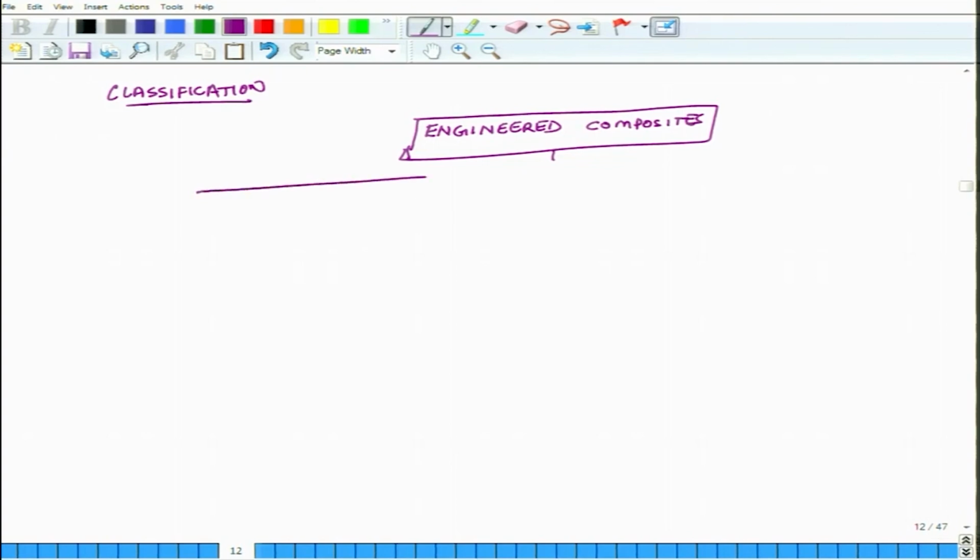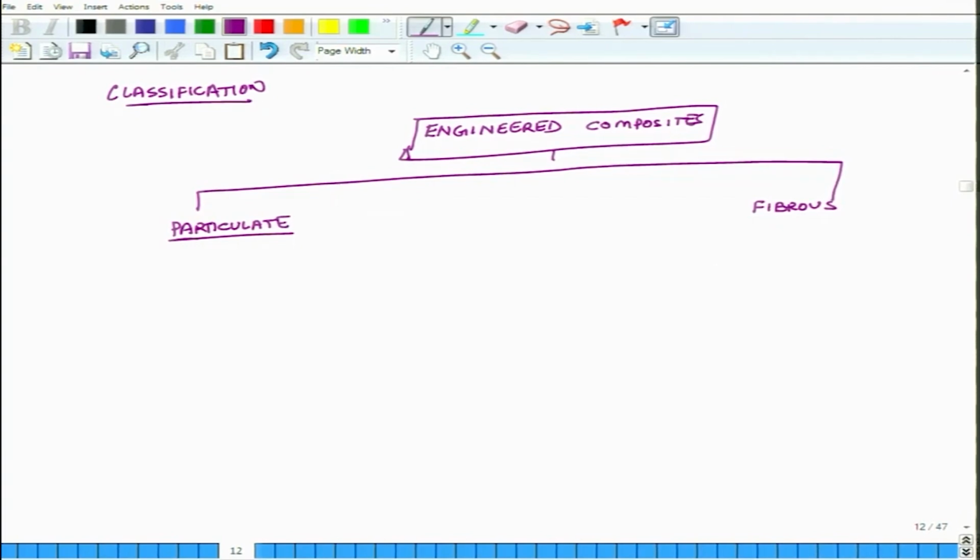So, the first category is particulate composites, and the second category is fibrous composites. Okay. So, what is particulate composite?